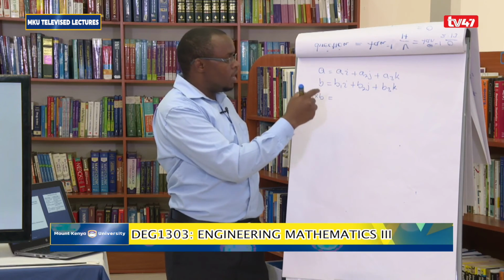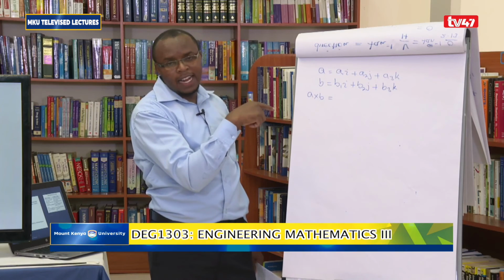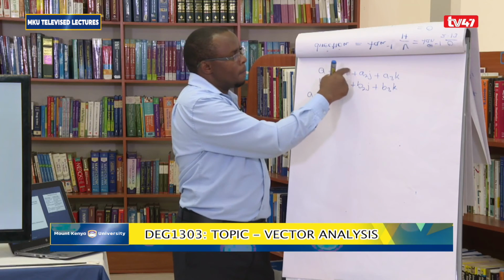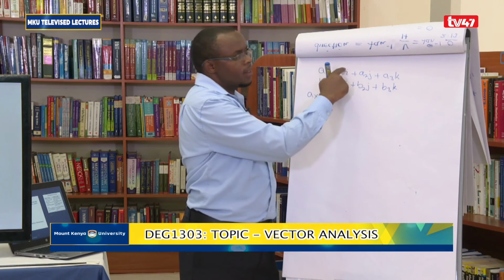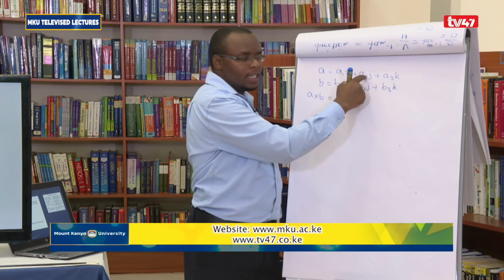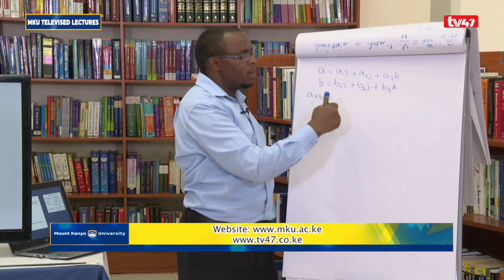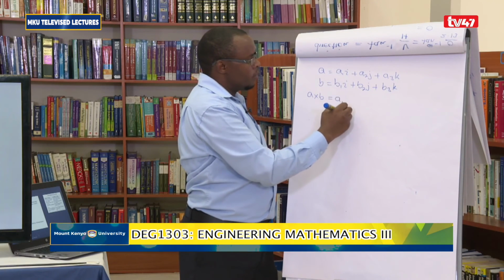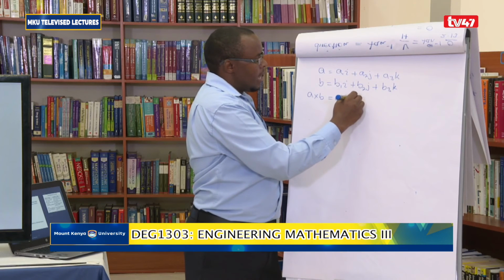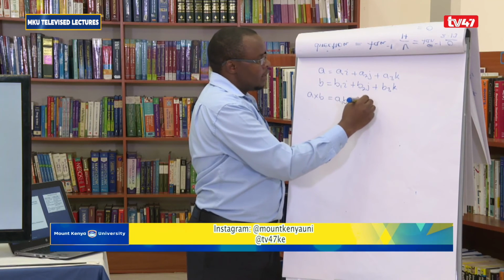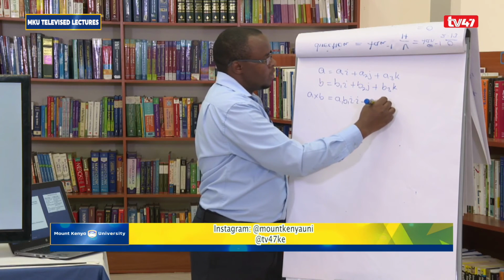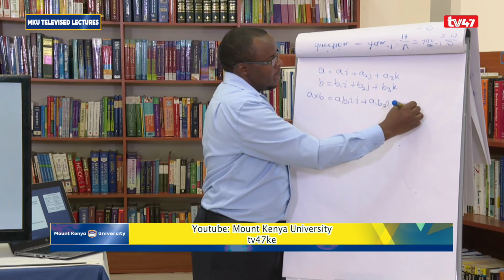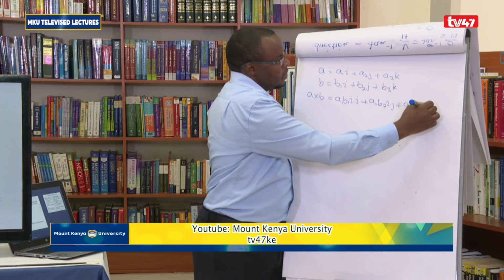So again, we just do like what we did in the dot product: you multiply the whole of vector B by the first component, plus the whole of vector B by the second component j, like that. So in the first case, you have A1 B1 i dot i plus A1 B2 i dot j plus A1 B3 i dot k.